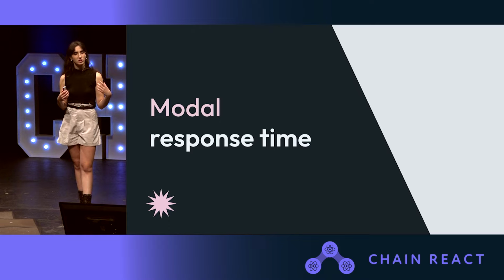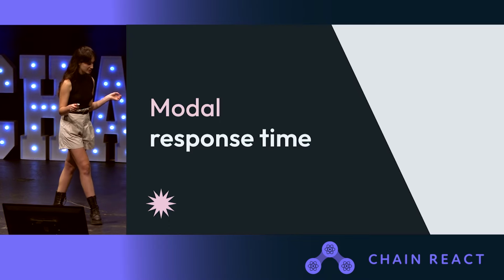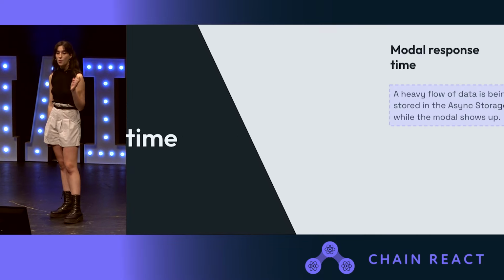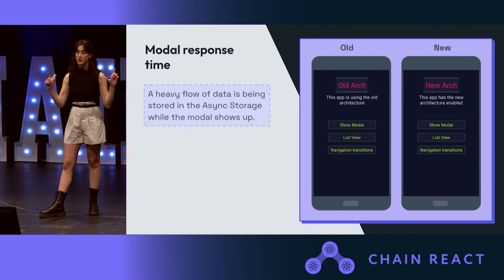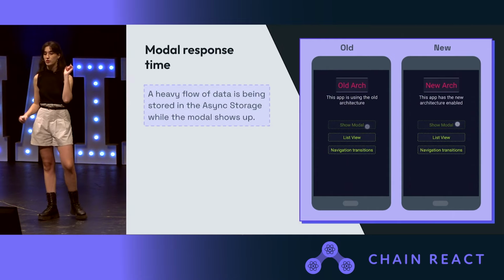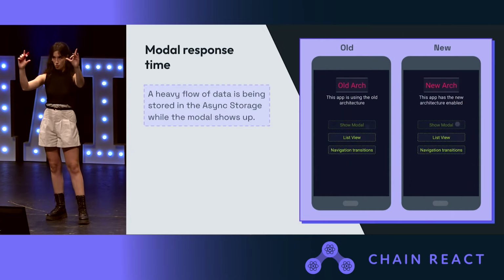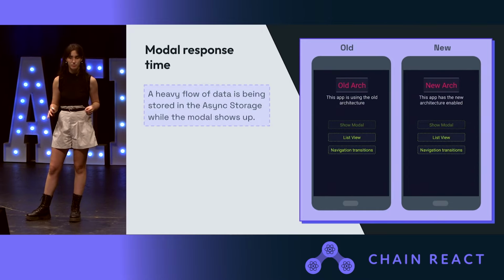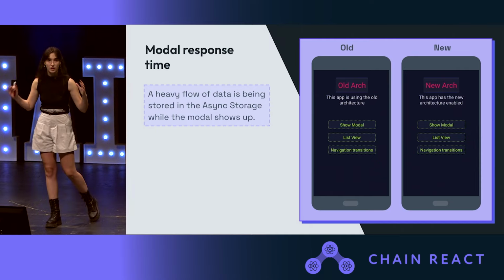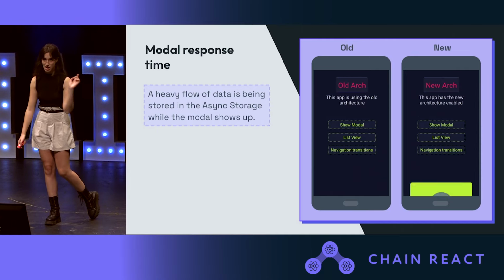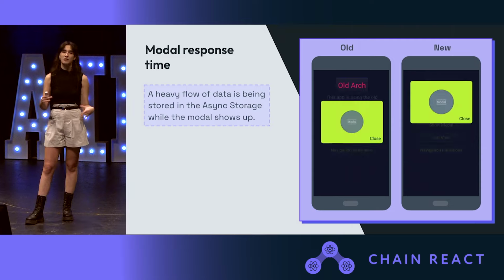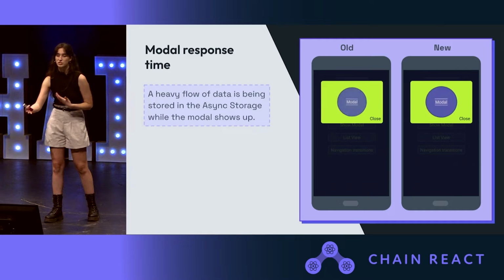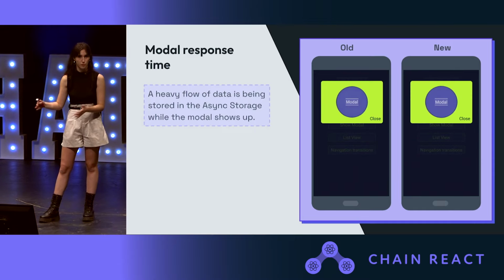The next thing that I wanted to test was the thing that I said about the bottlenecks, right? So what I did was I created a button that when you pressed it, it triggers a modal. But at the same time, there's a heavy flow of data, like a really big object being stored in the async storage. What I tried to do was clog the bridge to see if it would hurt the performance of the modal.